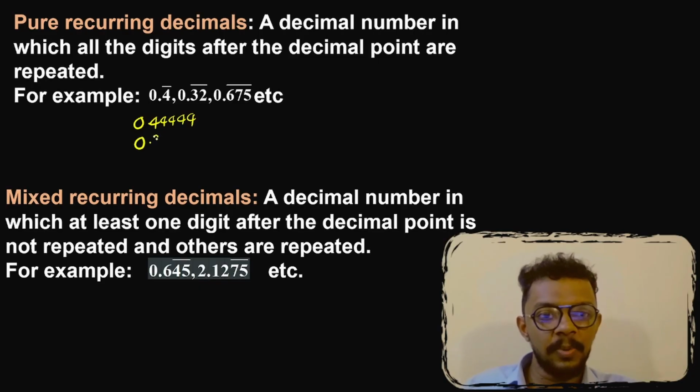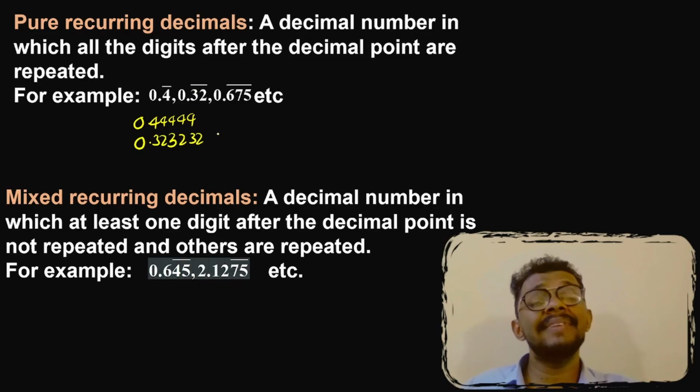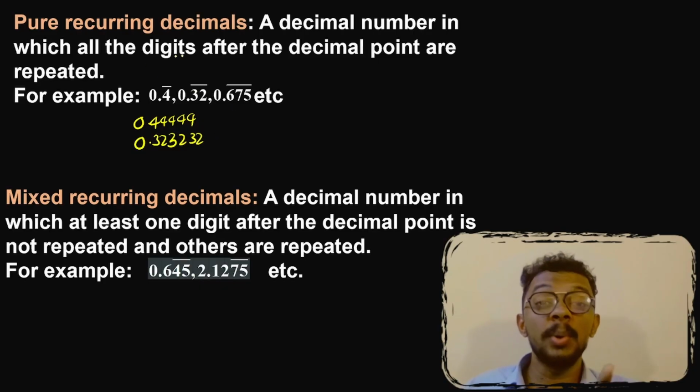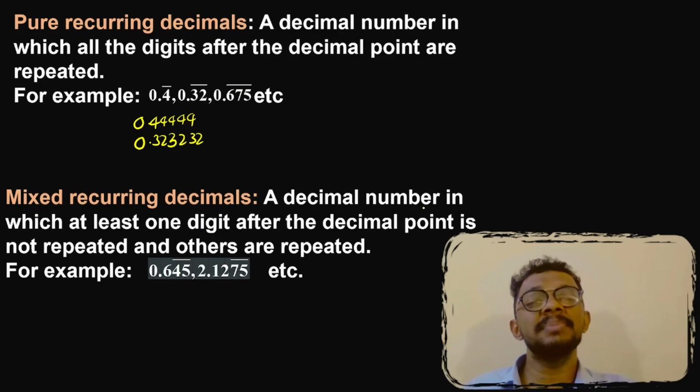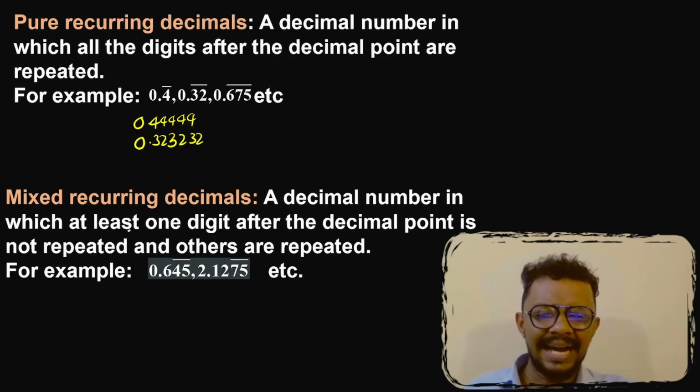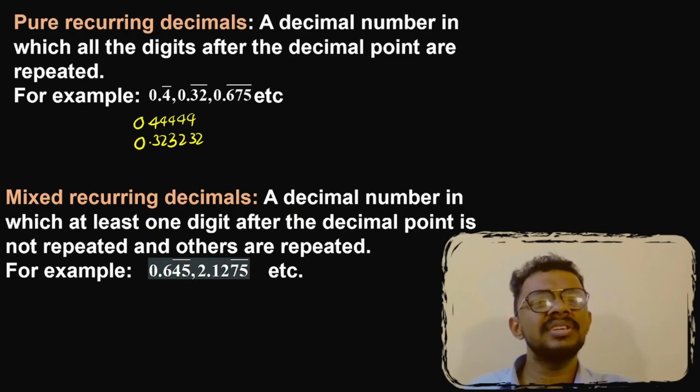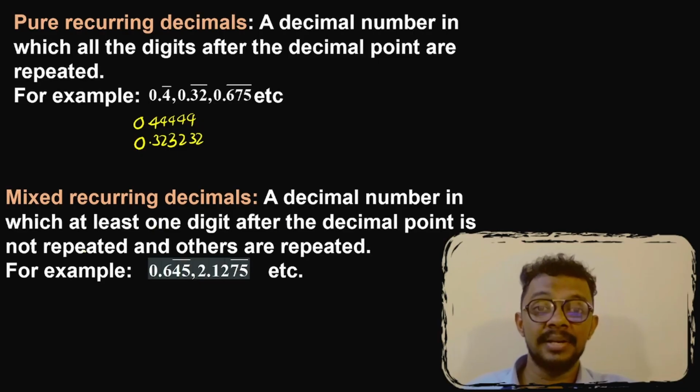0.32 bar, that is 0.323232. Look, after the decimal, every number is repeating. Pure recurring form. 0.675 bar. What is mixed recurring form? A decimal number in which at least one digit after the decimal point is non-repeated and the rest is repeated.